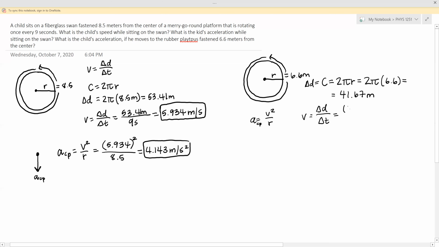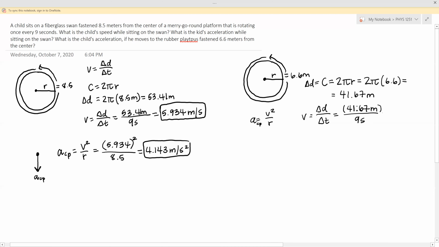So this will be 41.67 meters over the time, which is still going to be 9 seconds, because it takes 9 seconds to complete one rotation. And this is the same even though the child is sitting at a closer distance from the center.